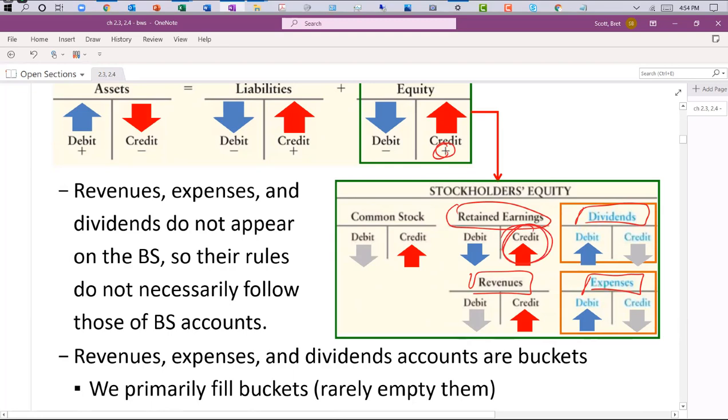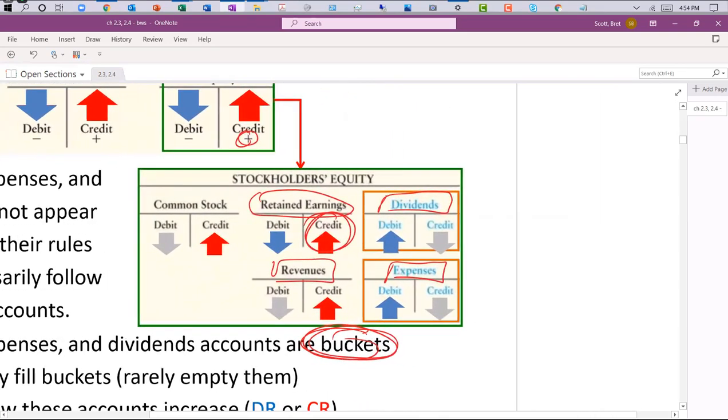But we don't input revenues, expenses, and dividends directly into retained earnings. Retained earnings is the reservoir. We will keep track of revenues in their own separate buckets. We'll keep track of expenses in their own separate buckets and dividends. We then empty out those revenues, expenses, and dividends into retained earnings later.